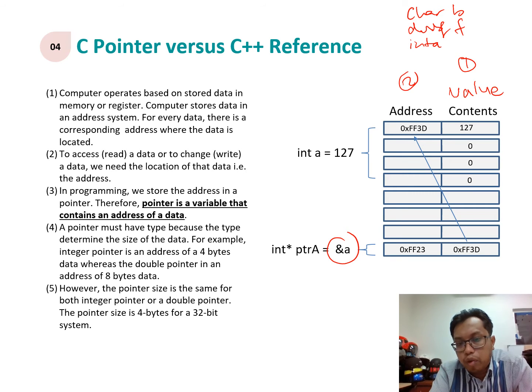Since we assign this pointer the address of a, it will store the address of a as its value. All right, and then the size of a pointer for any type, integer or character, is 4 bytes for a 32-bit system. All right, I hope you understand.